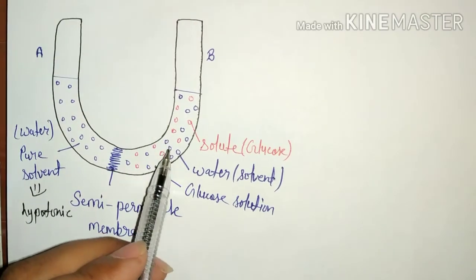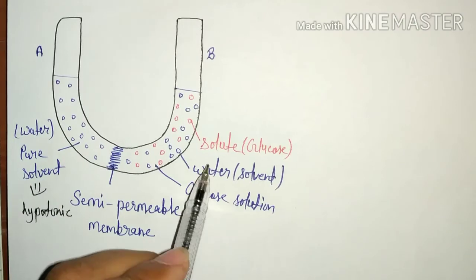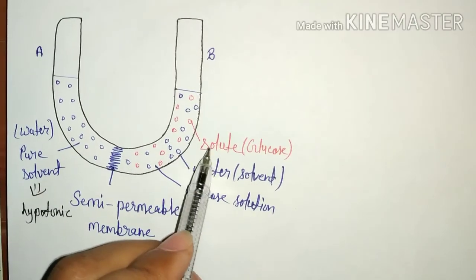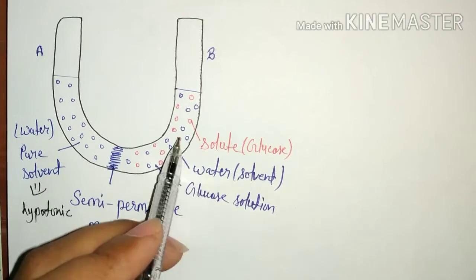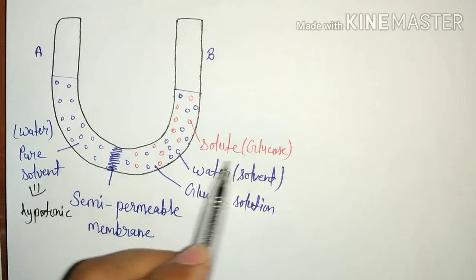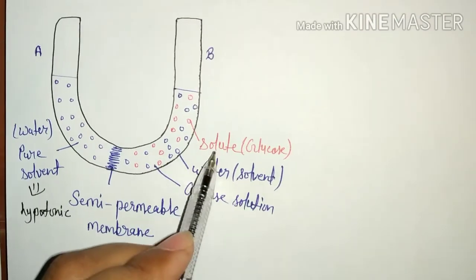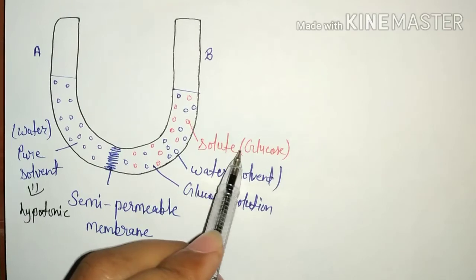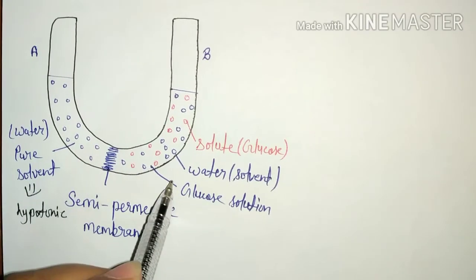And solution B has a concentrated solution of glucose. In this, the red circles represent the glucose molecules and the blue circles represent the water molecules. Glucose and water make a glucose solution.